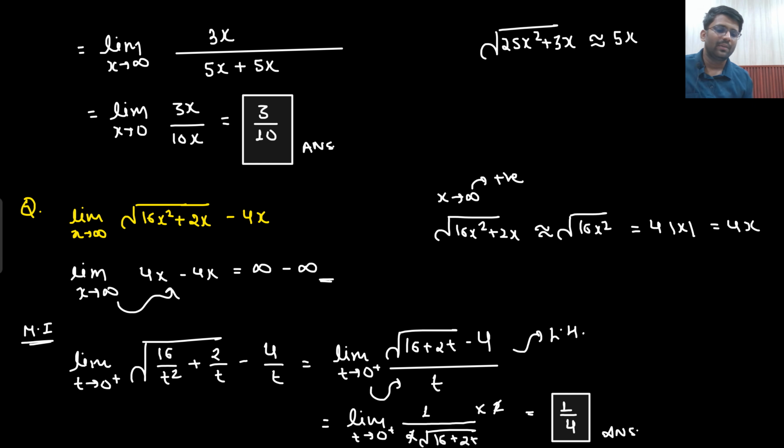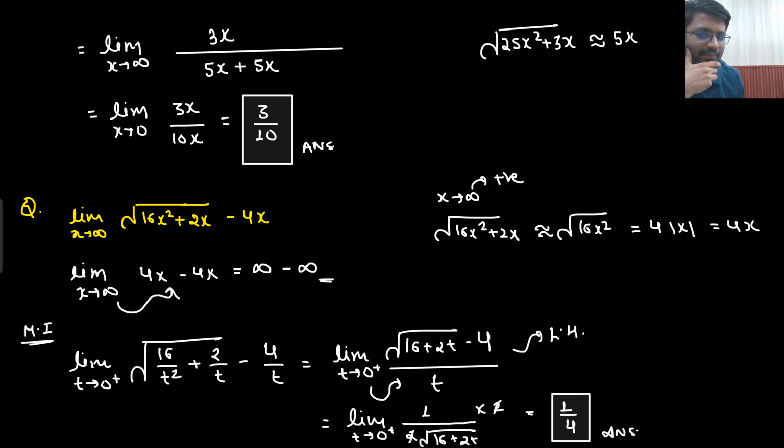What could be method 2? Method 2 would be doing the rationalization. Limit x tending to infinity, under root 16x square plus 2x minus 4x.